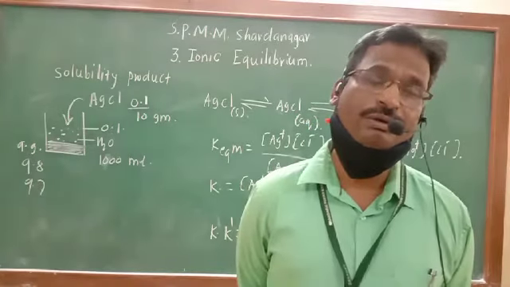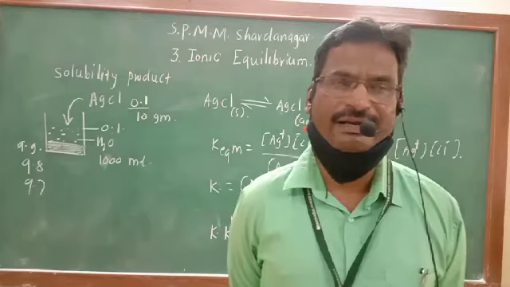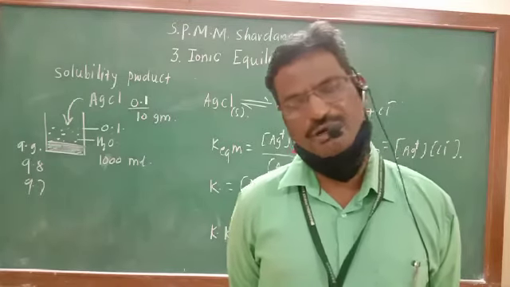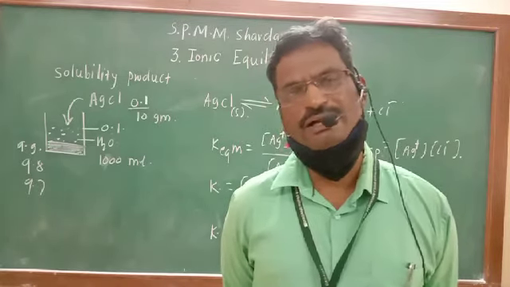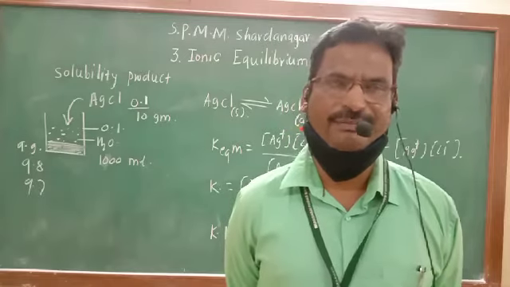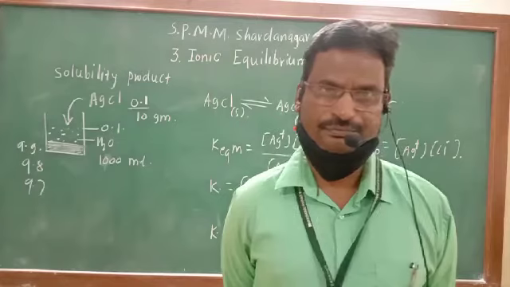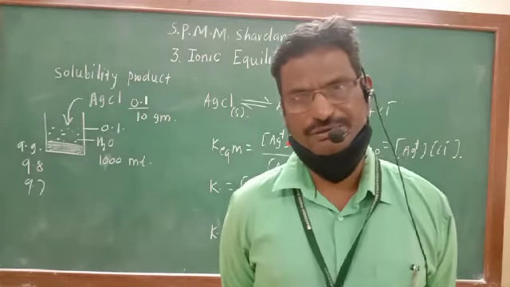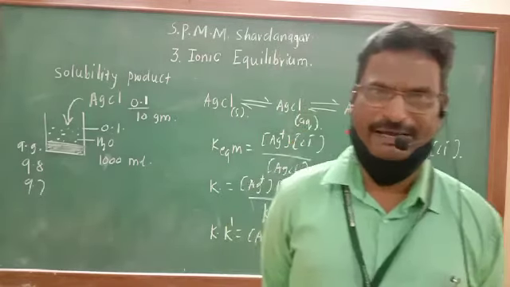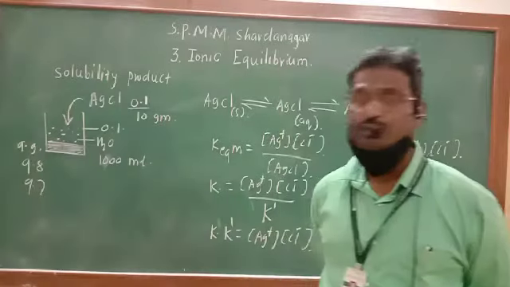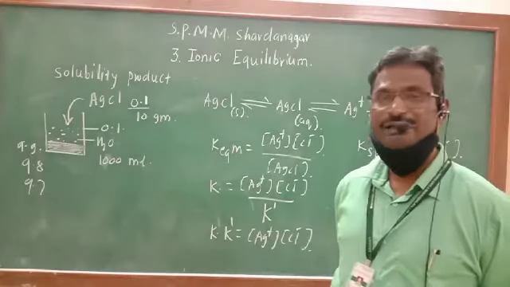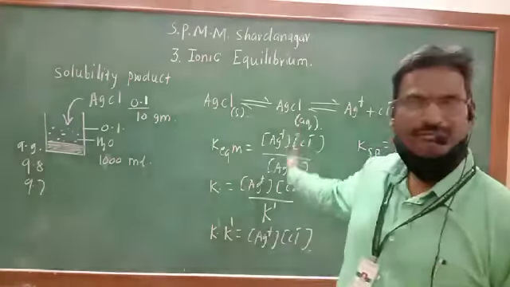So silver chloride is known as a sparingly soluble salt. Similar to silver chloride, there are salts like barium sulfate and lead sulfate. They are also sparingly soluble salts. For a sparingly soluble salt, solubility product can be calculated by this method.